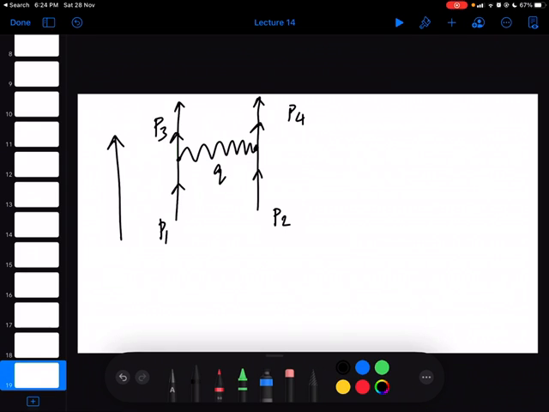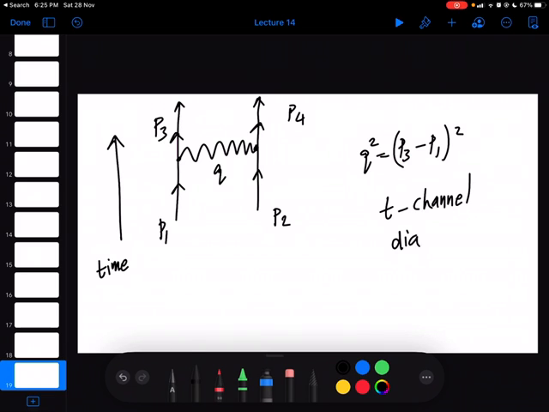Time runs in this direction. This is the same diagram we considered earlier. Now q equals P3 minus P1. This is possible, so the T channel diagram is allowed.